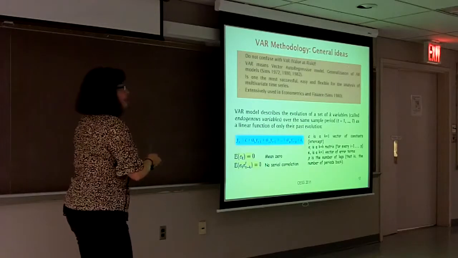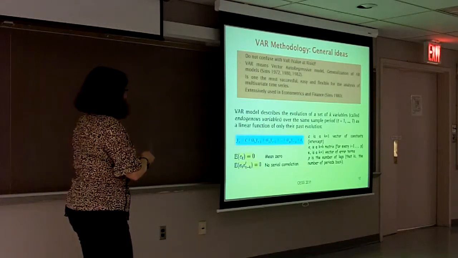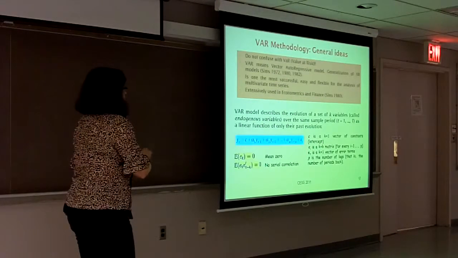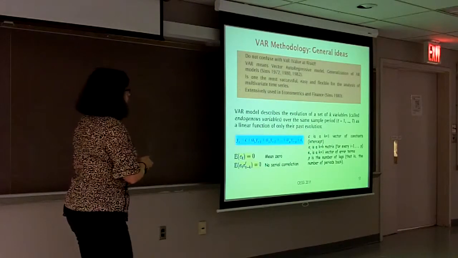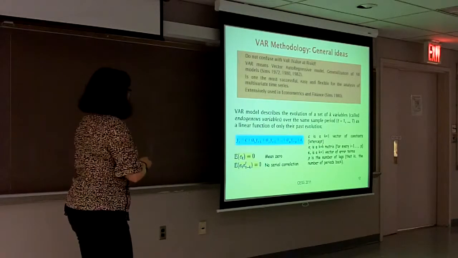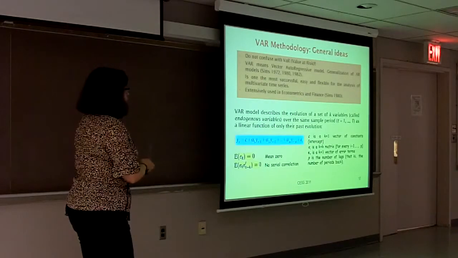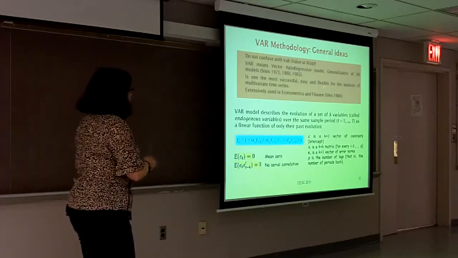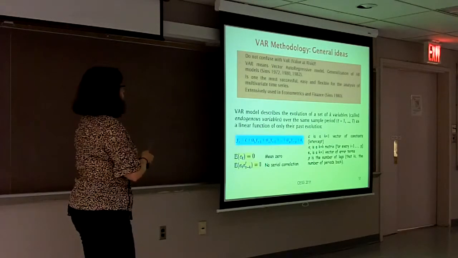This is a generalization of the AR models. The advantage of the VAR methodology is that it is one of the most successful, easy, and flexible for the analysis of multivariate time series. This type of methodology is extensively used in econometrics and finance, so it's hard to find it applied to physics, for example.